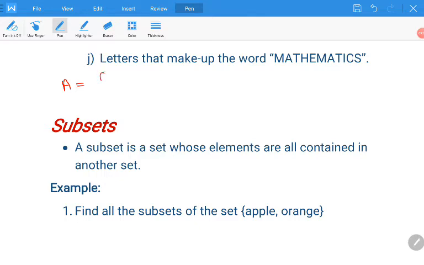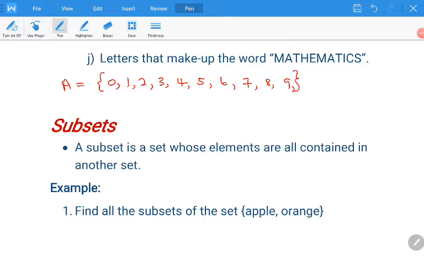So A, we have 0, 1, 2, 3, 4, 5, 6, 7, 8, 9. We are not going to include 10.